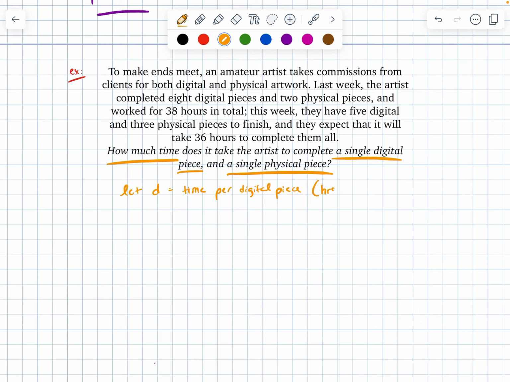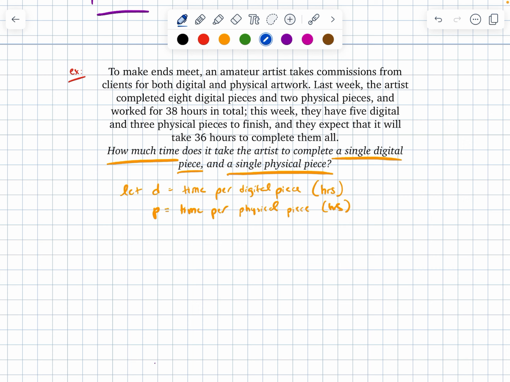And I'll even include my units here. The unit given in the problem is hours. By exactly the same logic, I'll choose the variable P to represent the amount of time per physical piece that my artist completes, in hours, of course.